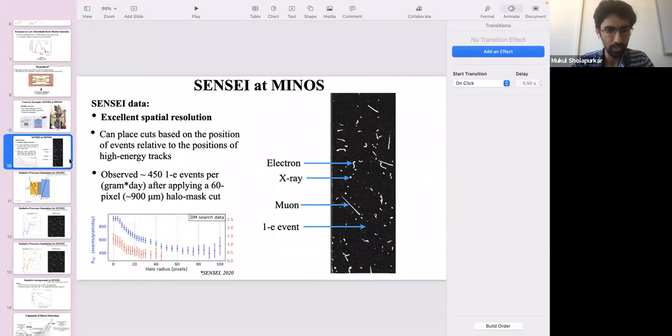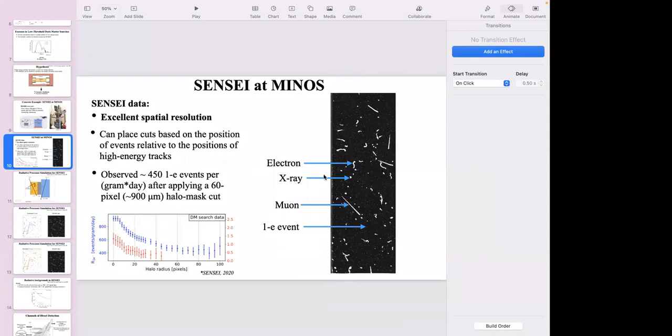Yeah, so you were asking about the spatial resolution, correct? Yeah, it's not obvious to me how that would be a useful feature of the detector for Sensei, when I would think you would just need the number of events versus energy.